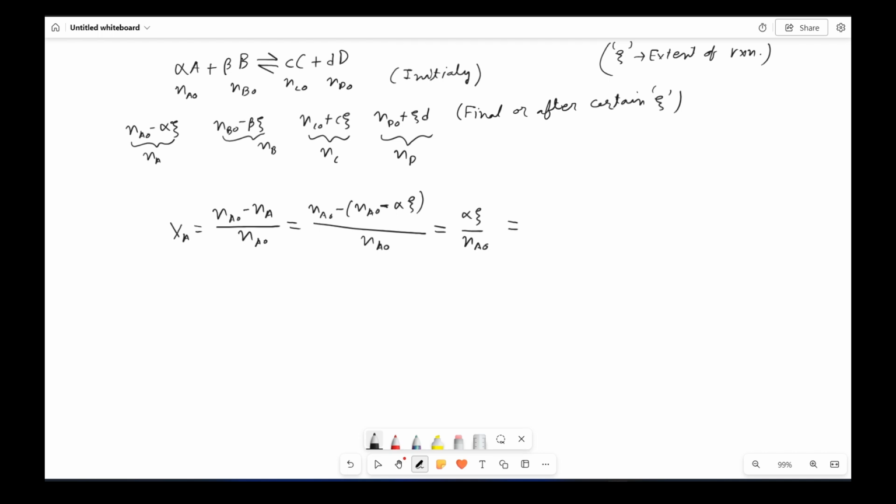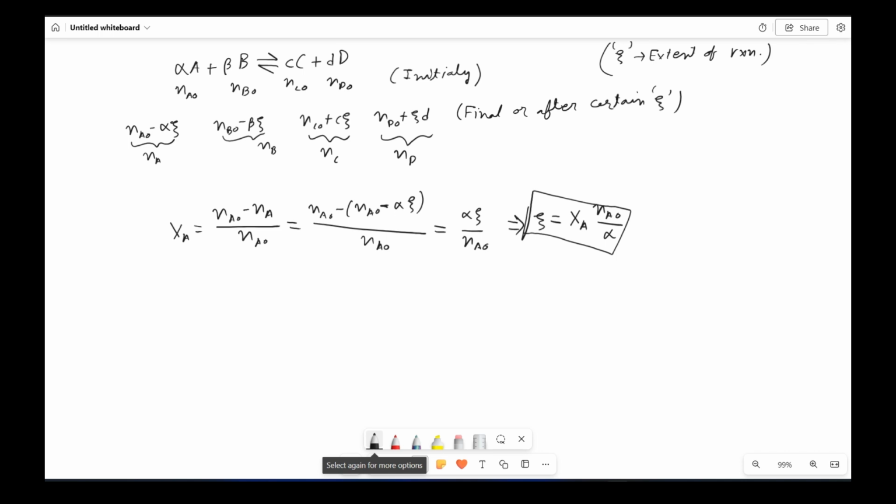From here we can write that the extent of reaction epsilon in terms of conversion of A, X_A, is given by X_A times Na naught divided by alpha. We will use this expression again.